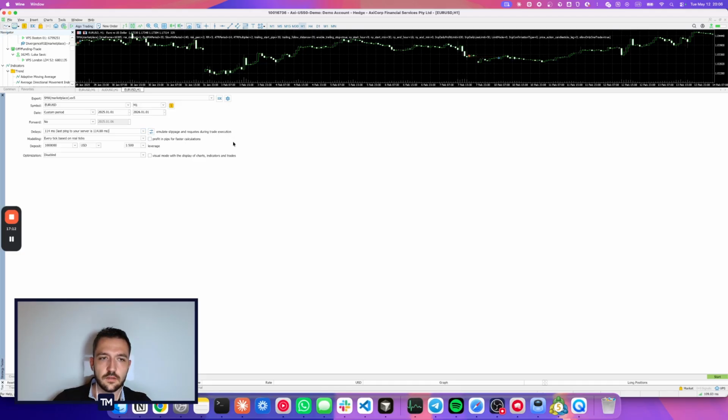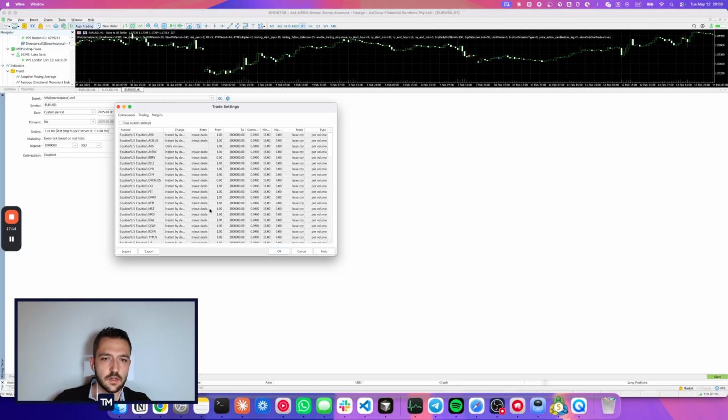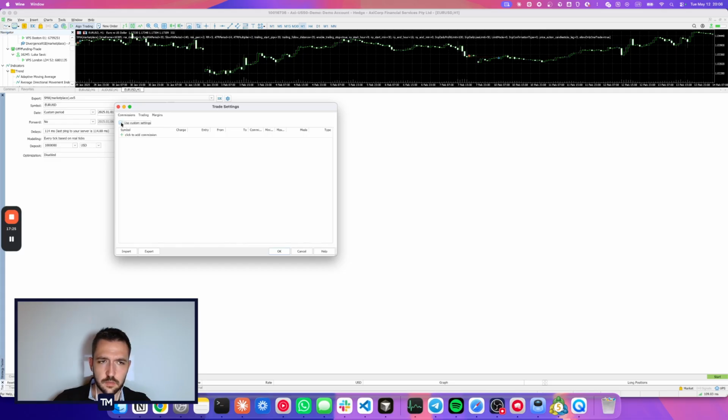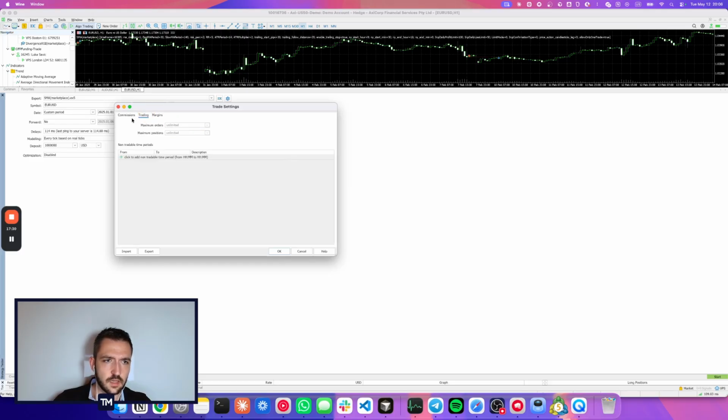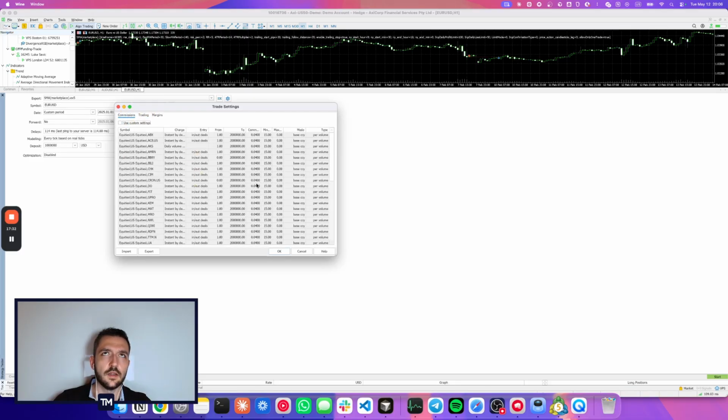Emulate slippage and requotes, you can click here. Here you can actually, I think, put different slippage values. I've never used this. I think this is for even more advanced customization, if you have some commissions per trade or stuff like that. I think this is very advanced and not something I use every time.